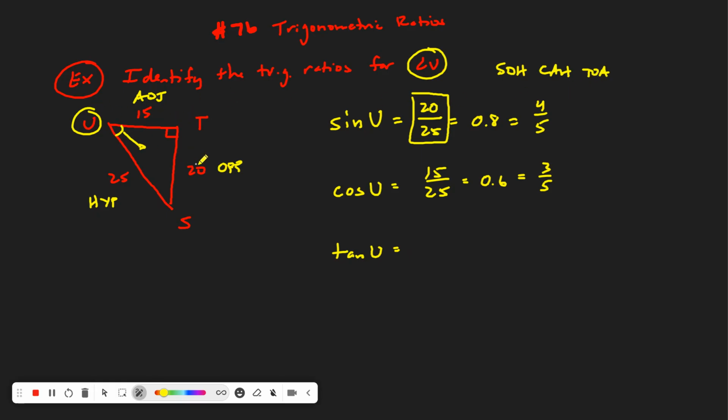So U is here. Opposite is 20 over adjacent is 15. If you type in the calculator, you're going to get 1.3 repeated. Just make sure you round to whatever it says to round to. If you press the fraction button, that'll give you 4/3. And there are the 3 trig ratios for angle U in this right triangle.